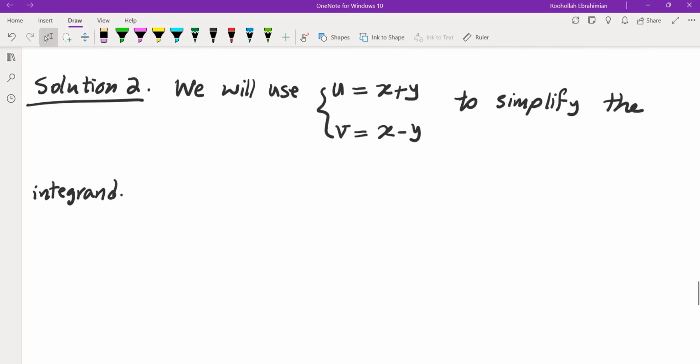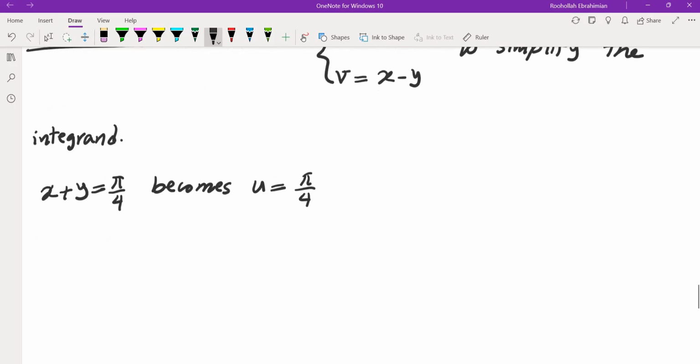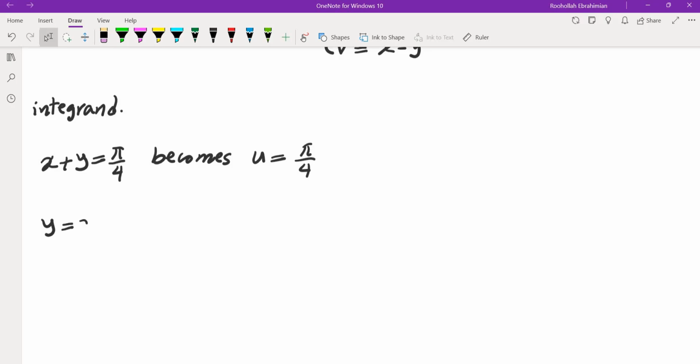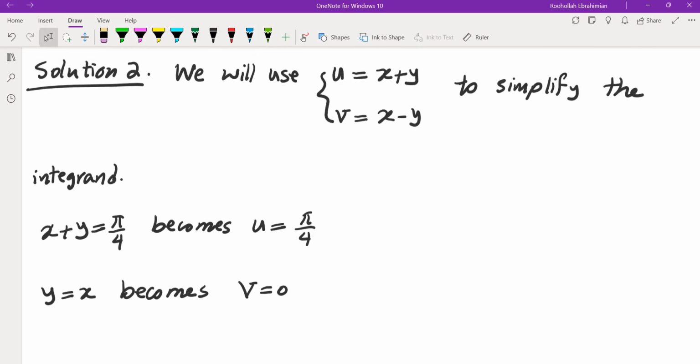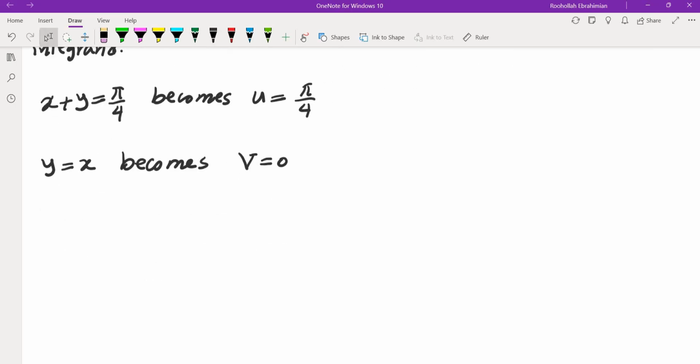So what is the region? One of the sides is x plus y equals pi over 4. So this becomes u equals pi over 4. One of the sides is y equals x. So y equals x becomes v equals 0, because that's just x minus y. And one of the sides is x equals 0.